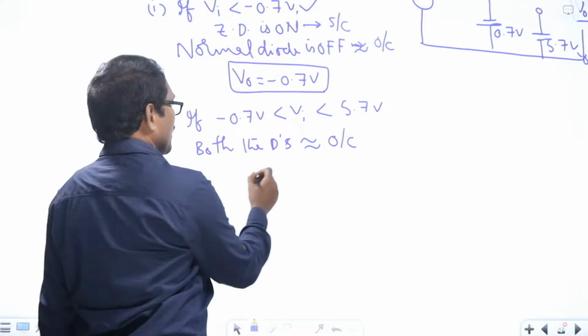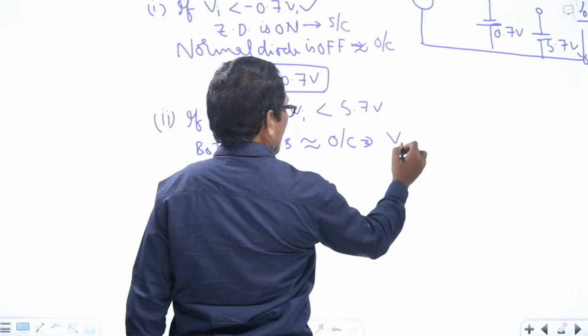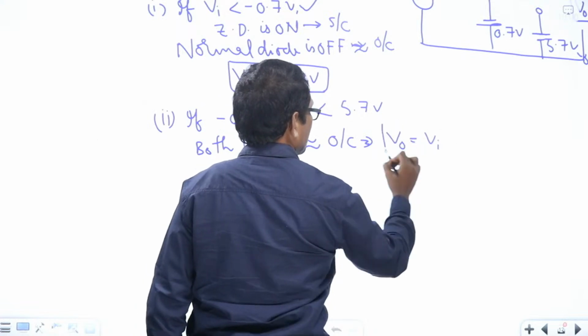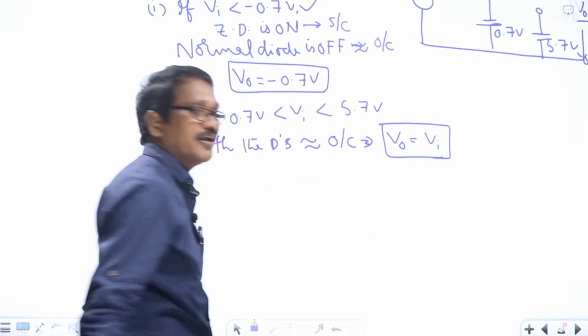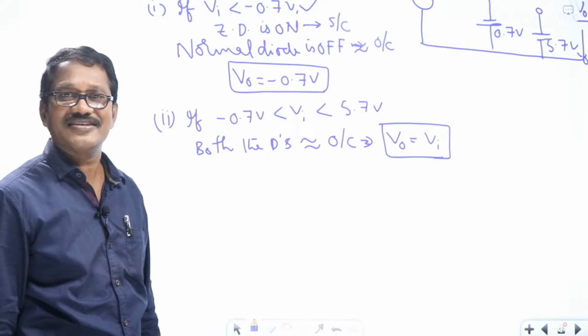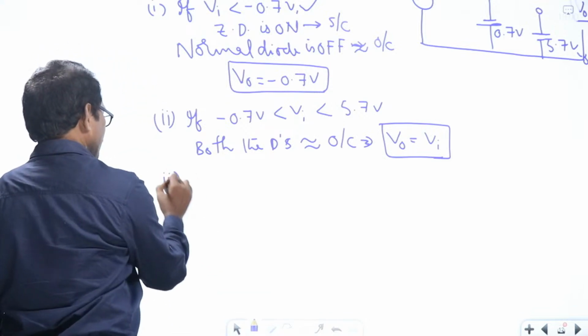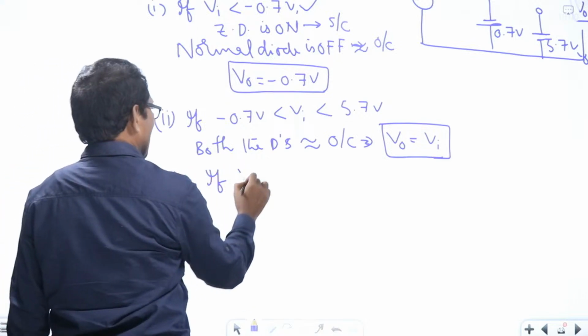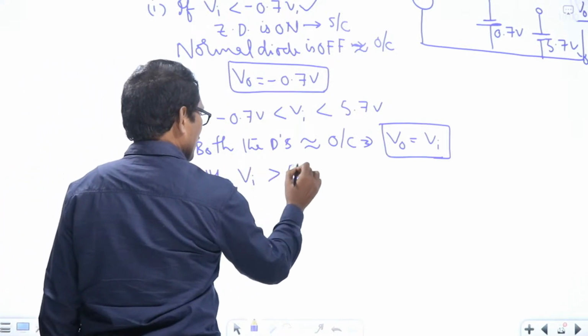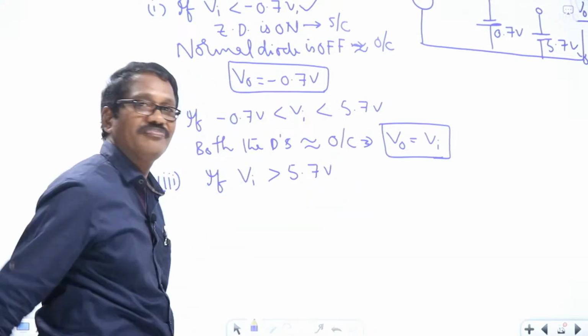Under these circumstances, the output is the same as the input. That means the output follows the input variations in this case. Have you understood this?